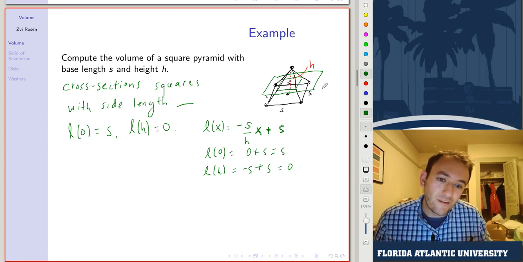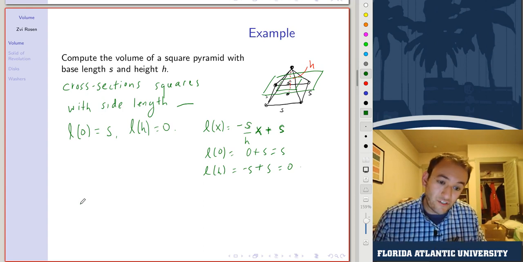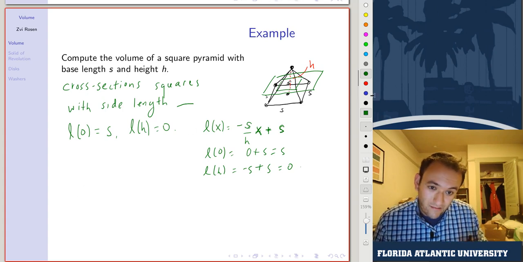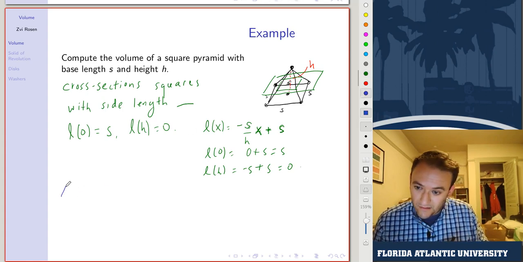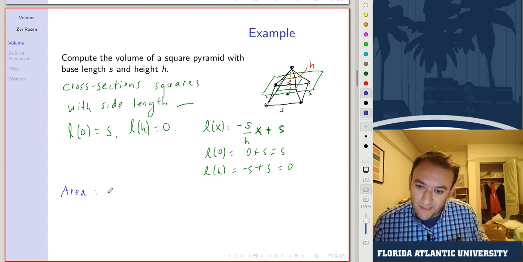So now we need to express this. We have the cross-sectional area. We know the side length of a cross section, and the cross-sectional area. So the area of a cross section will be just given by s squared, right? But because the base length is s, so let's make this L of x squared.